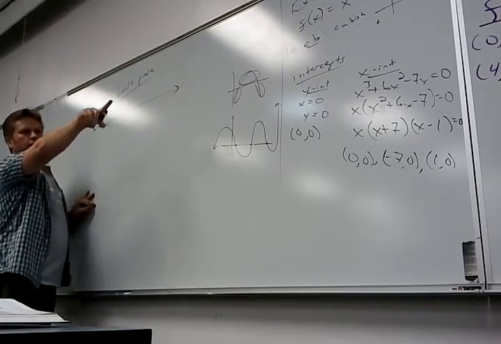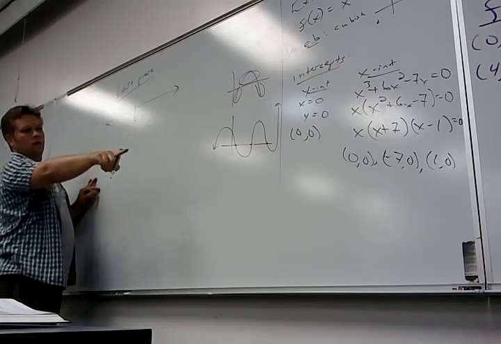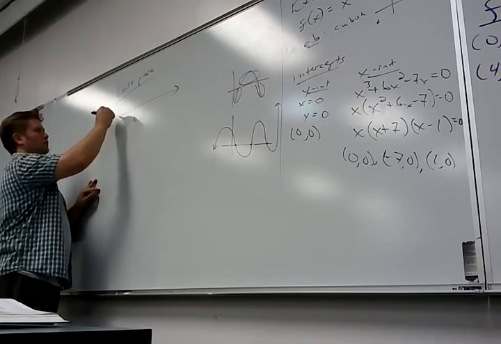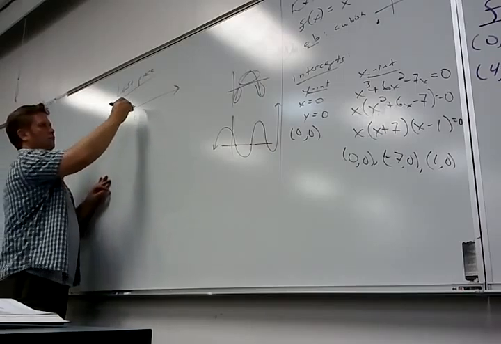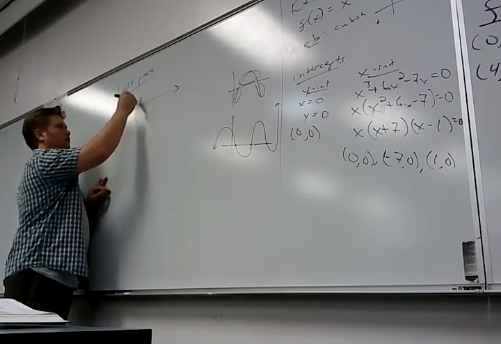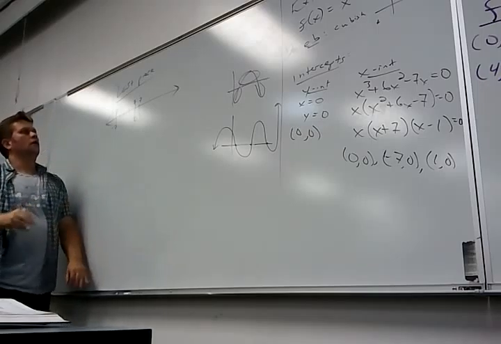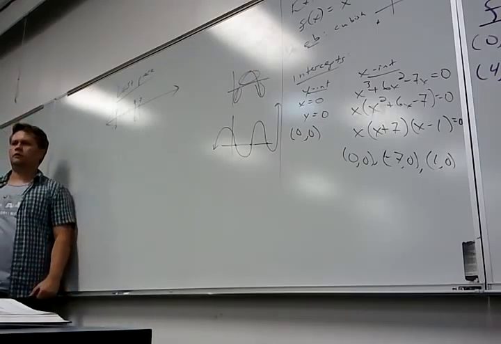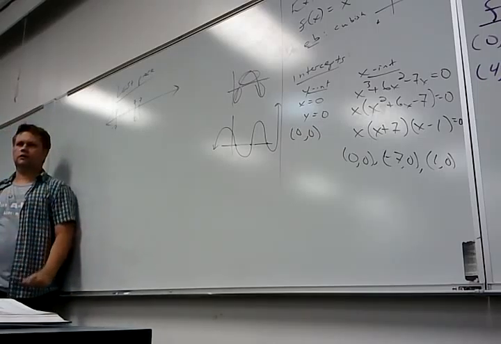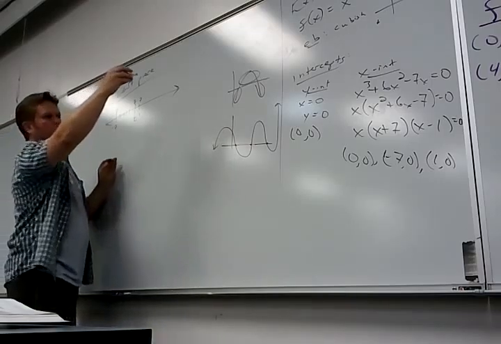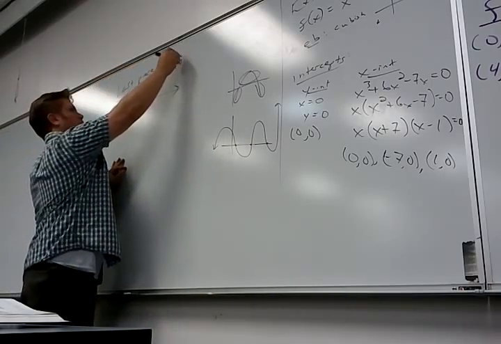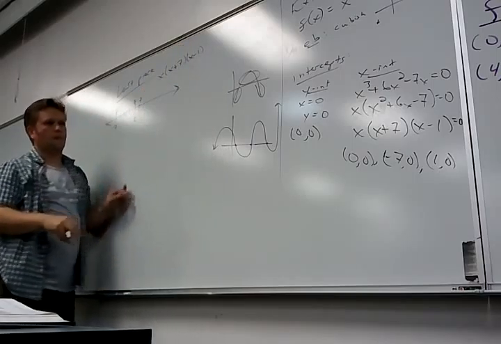So what are the zeros? They were 0, -7, and 1. So who remembers how to get this thing started? What am I looking at? We're looking at this function.